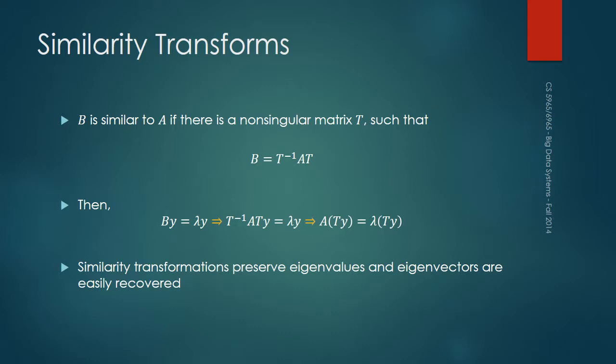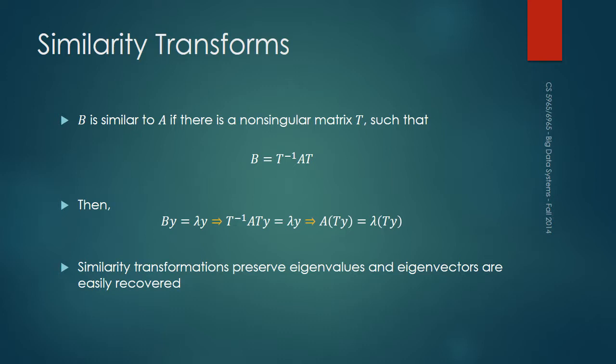What is the eigenvector of the original matrix T y, right? So what this says is, and that's why I'm focusing on this slide, the general approach to solving an eigenvalue problem given an arbitrary matrix is to figure out a transformation of this sort.